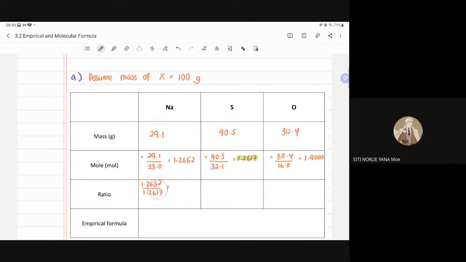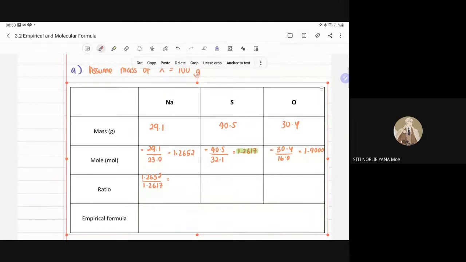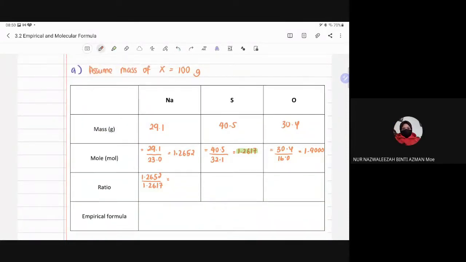Kita tengok nombor dia lebih kurang. So we know that this should be about 1. Okay, so 1.2652 divided by 1.2617, you should get about 1.00. So this should be 1.00, which is equals to 1.